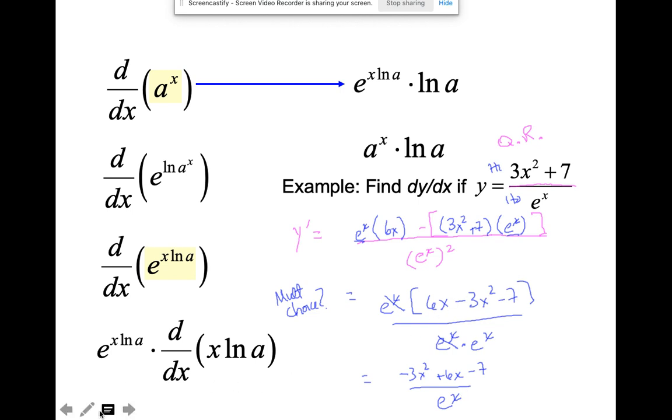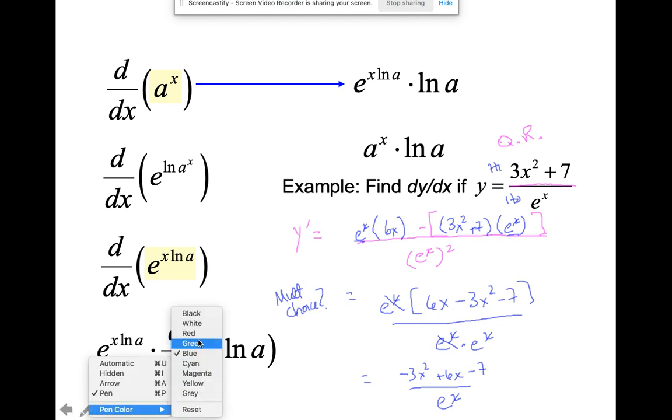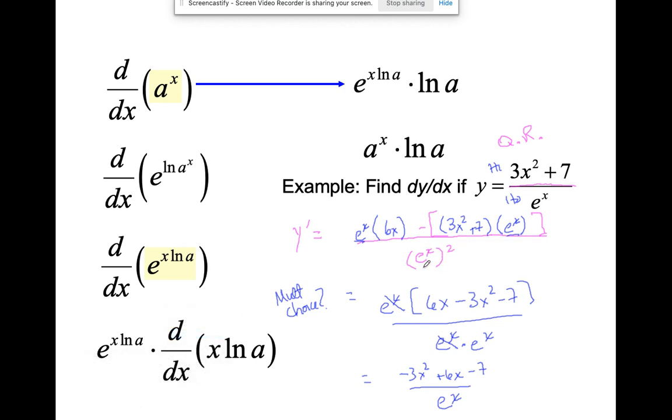Another thing that is pretty common in AP: this time it was nice to be able to cancel e to the x out, but sometimes remember that this can also be written this way. e to the 2x is e to the x squared. See the base once with multiple exponents, multiply the exponents. It's handy to remember.